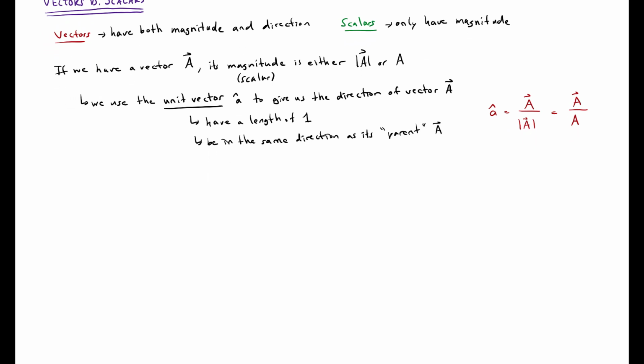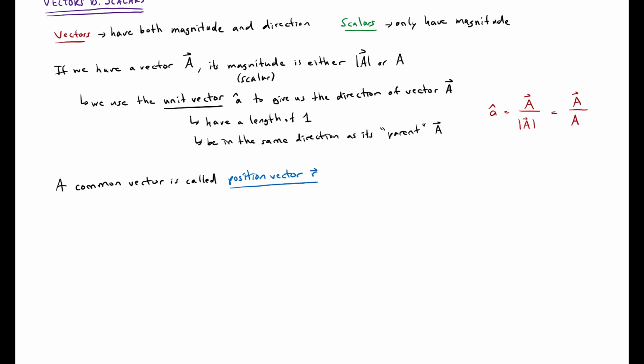So another really common vector that you'll see throughout this course is called the position vector R. And remember how we used r as a distance between 2 points?